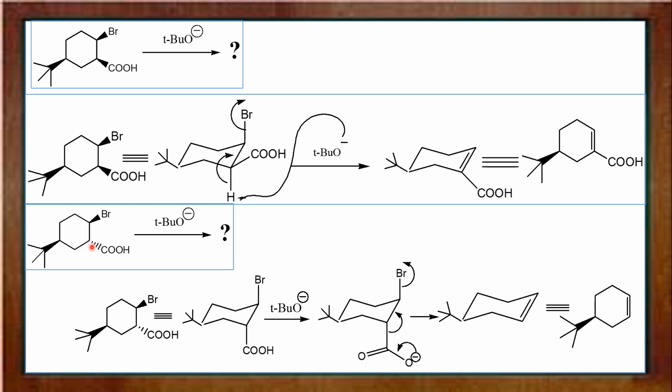So in the 1,3 trans, that should be equatorial, axial. This is 1, this is 3. Two groups in the 1,3 position oriented trans to each other: one should be equatorial, the other should be axial.